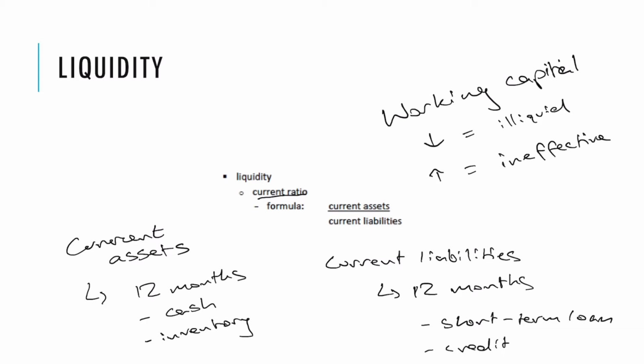So what this ratio is going to do is take current assets divided by current liabilities, and really it's going to indicate the liquidity of a company by comparing short-term debt with cash in the business. The ratio shows how much cash is available for every dollar of short-term debt that the company has.